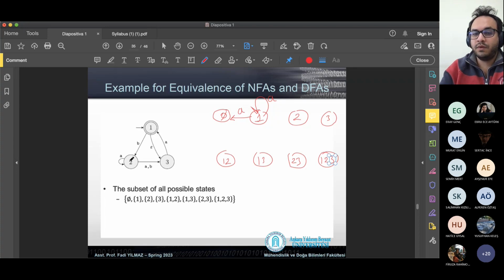For 2, with A, what can you do? You can be on either 2 or 3, which means that you take 2, 3. From 1, sorry, we forgot B, right? From 1, if you read a B, you go to 2.